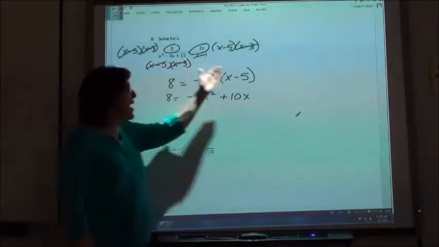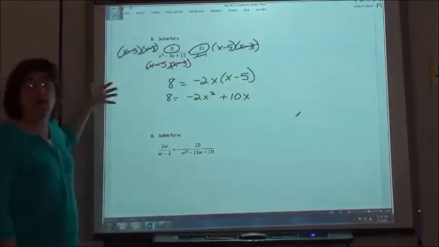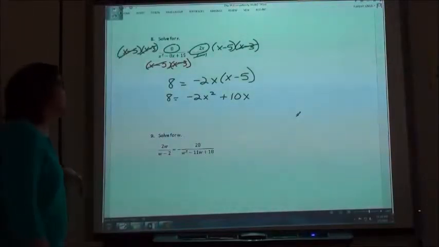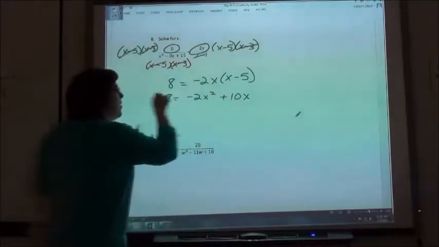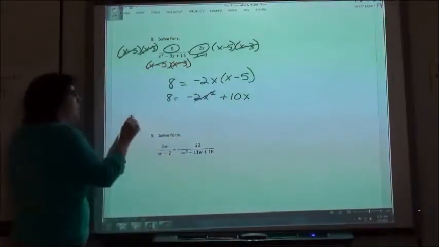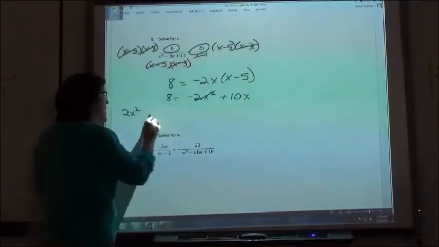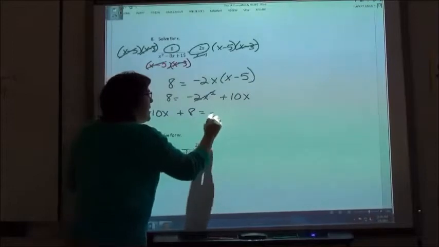You can move your 8 over, but then you still have the -2x squared, and you want your x squared always to be positive, so you'd end up still having to move them all over and make them the opposite sign. So it's shorter if we just move these two over here, and so this is then going to become a +2x squared. This will become a -10x, and that will stay 8 plus 8 equals 0.